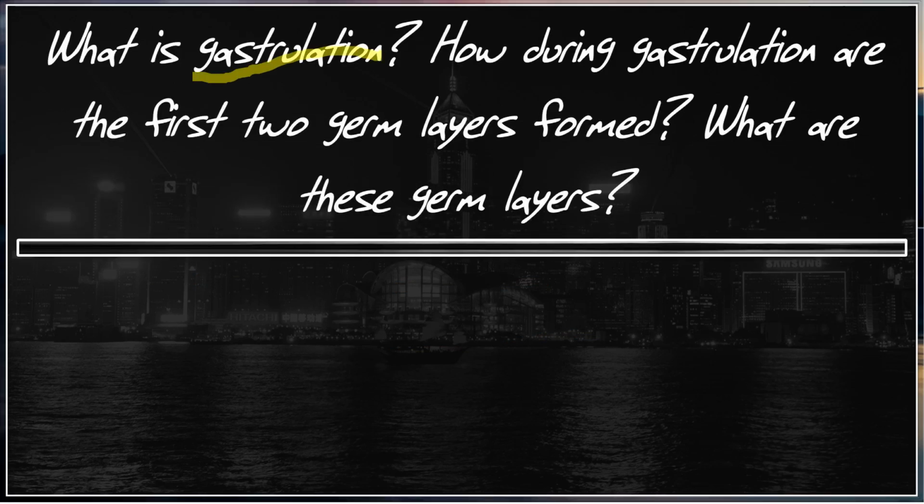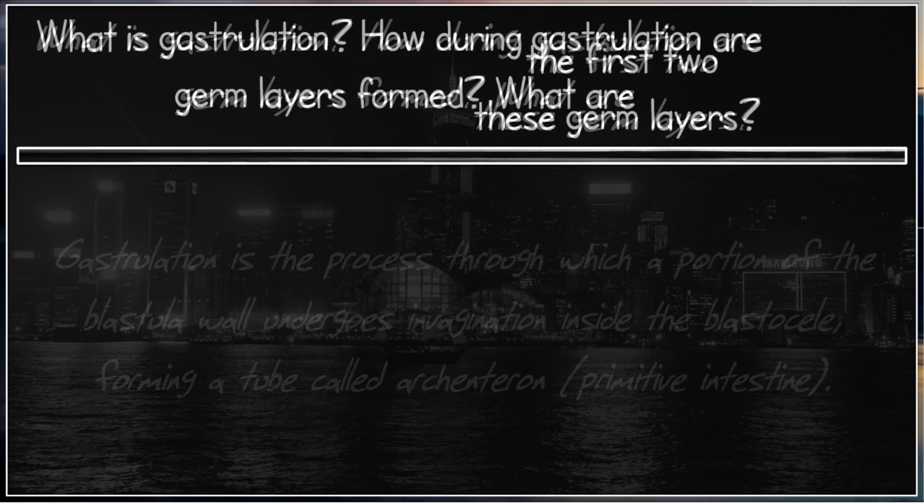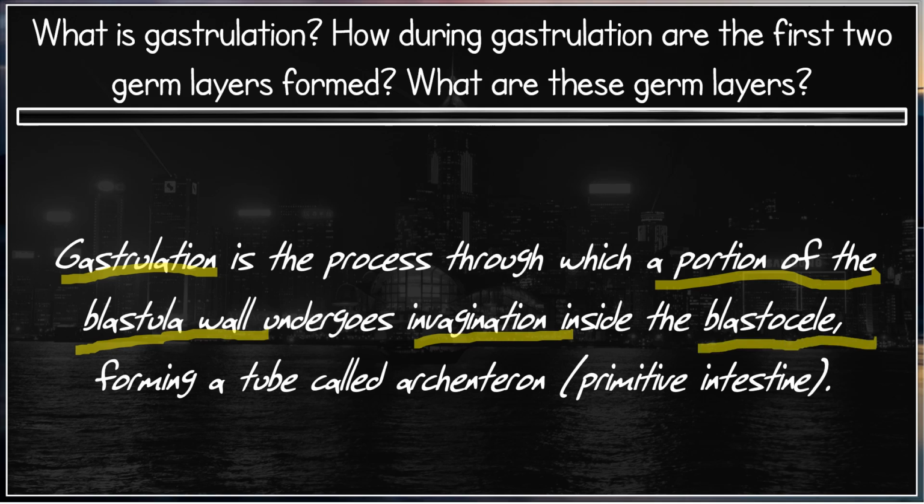What is gastrulation? How during gastrulation are the first two germ layers formed? What are these germ layers? Gastrulation is the process through which a portion of the blastula wall undergoes invagination inside the blastocoel, forming a tube called archenteron or the primitive intestine.